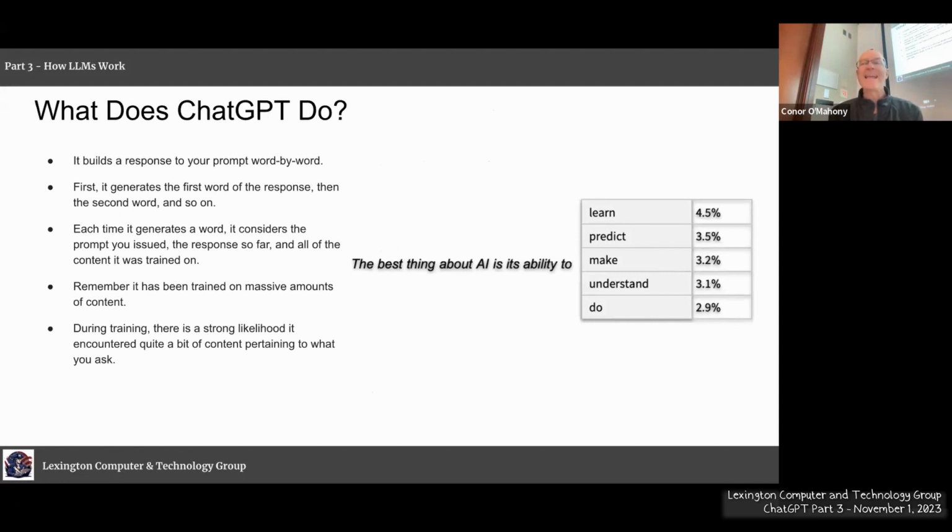Each time it generates a word, it considers a few things: your prompt, the response so far, the larger context of the conversation you've had thus far, all the content it was trained on, which is quite significant.